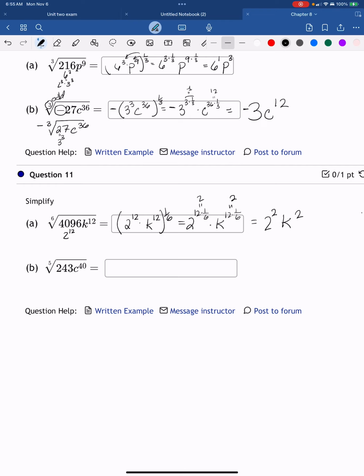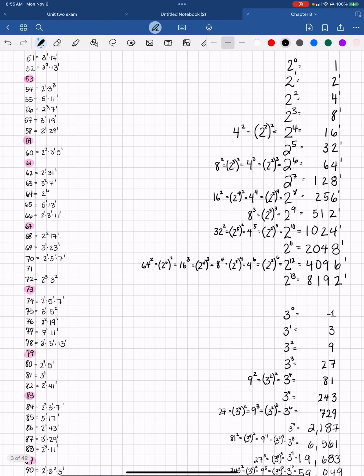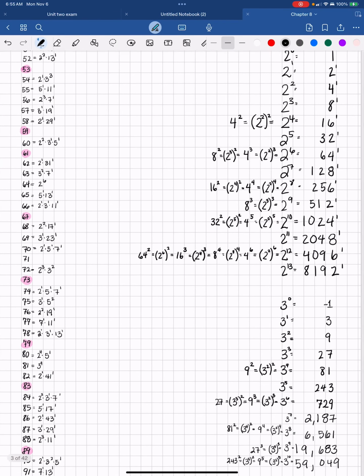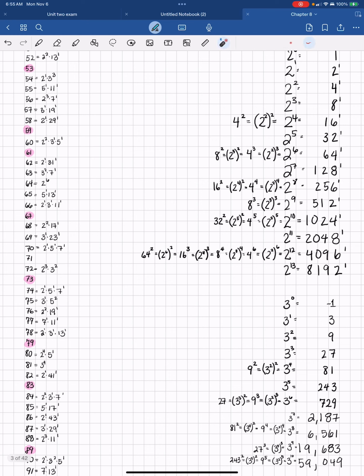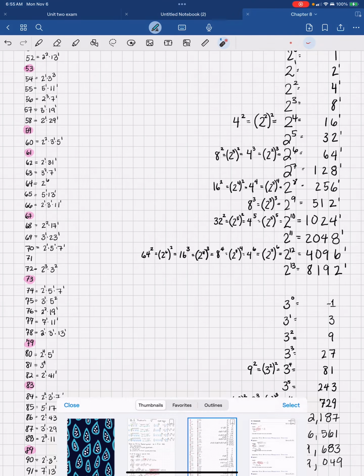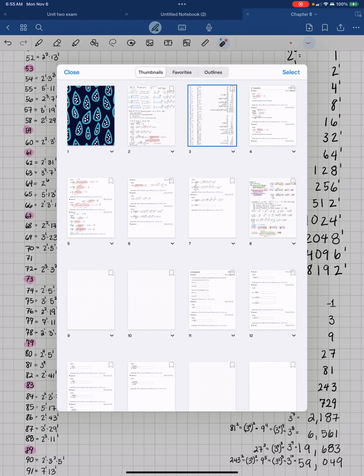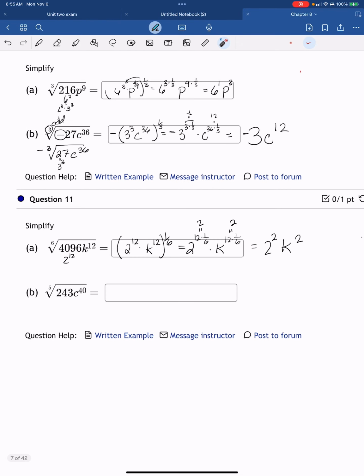243, again, if we look at the table, 243 is 3 to the 5th.